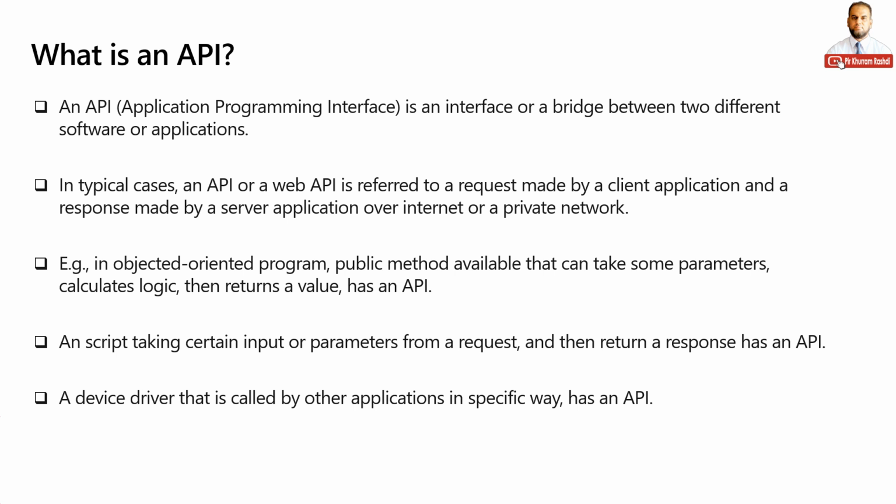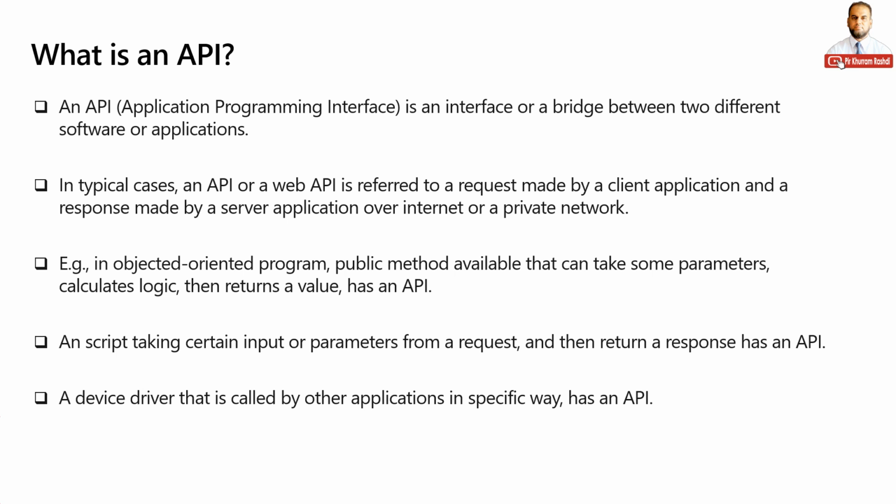Then there can be a device driver which is installed within an operating system, and different applications can call those device drivers, for example, for audio or video purposes. Any video editor or audio recorder can call that device driver's API in order to operate that specific device, which can be a speaker, a microphone or anything.